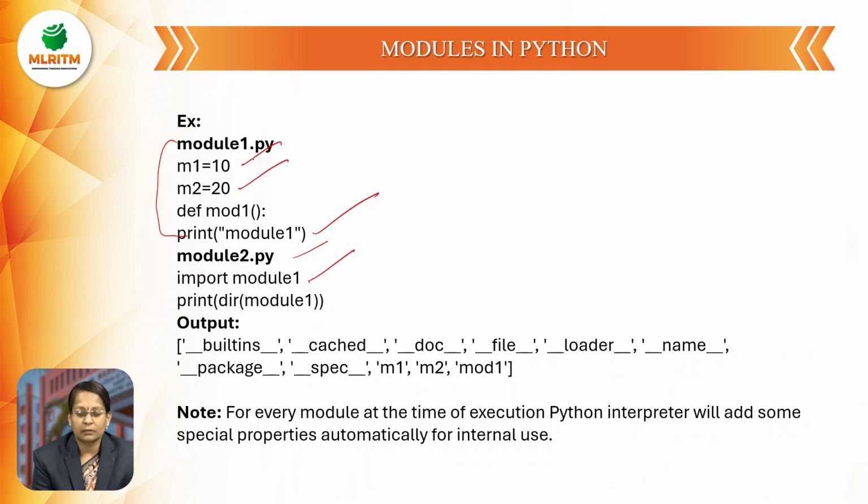All the members of module1 will be imported into module2. Then dir(module1) shows the members of module1, which we already imported in module2: m1, m2 and mod1. Note: for every module at the time of execution, the Python interpreter will add some special properties automatically for internal use.